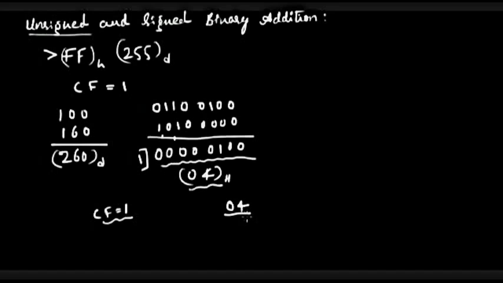This makes our lower byte, and we'll store carry flag in one more register. This forms our higher byte, and combining these two we'll get 104 in hex, the right answer, which is nothing but 260 in decimal.